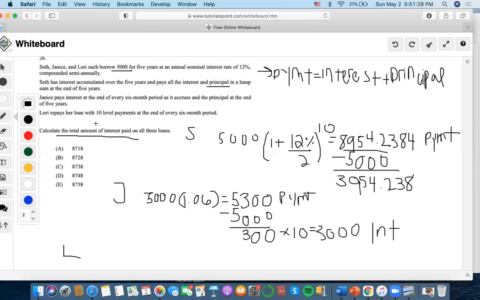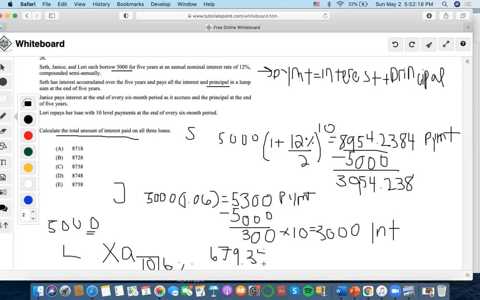So Lori repays her loan with 10 level payments at the end of every 6-month period. Okay, so we have a loan, set up the present value equation to 5,000, and there are 10 level payments. And we know that the effective interest rate is 6%, given 12% compounded semi-annually. So let's first find X. We'll use our TVM. So 5,000 as the present value, 10 as the number of periods, 6 as the interest rate, 0 as future value, compute payment, and then we end up getting $679.34 as the level payment.